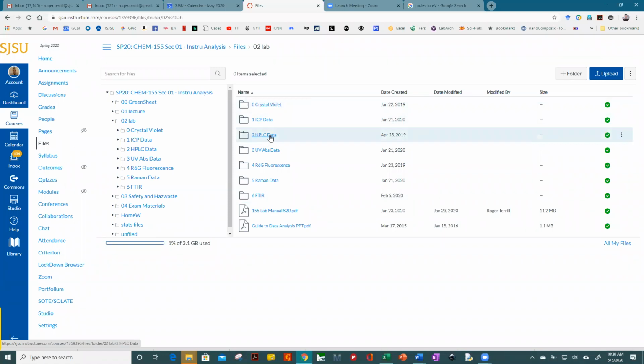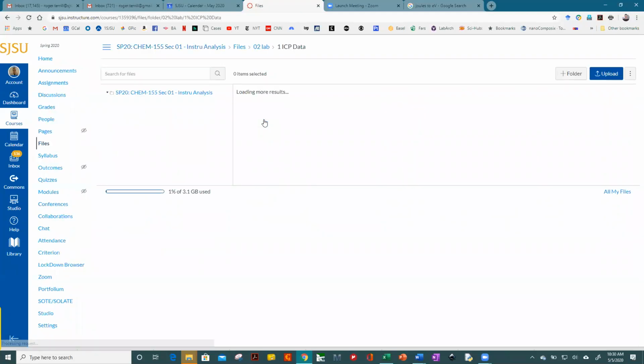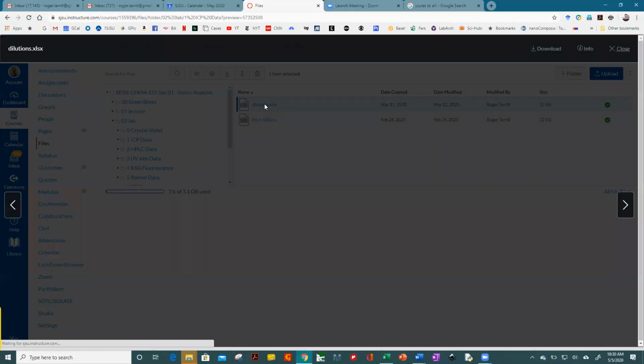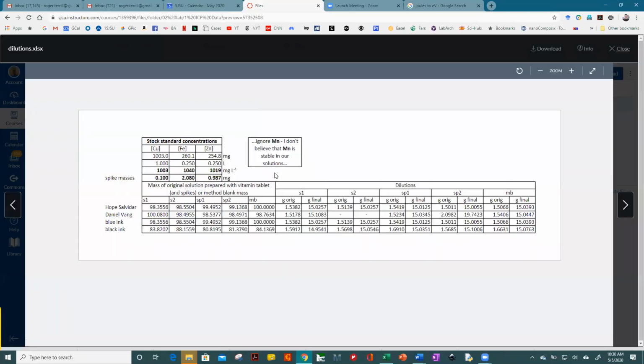So the question on the table was how much we added of each. Yeah, how much we added. So that should be here in dilutions. That's what I'm looking at right now, and I don't quite know. Okay, here they are as masses. Okay, at the very bottom, spike. Yeah, exactly.